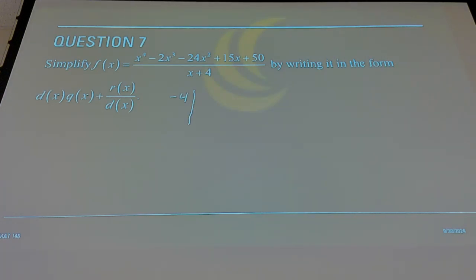Coefficients of the dividend. Plus 50. Plus 50.